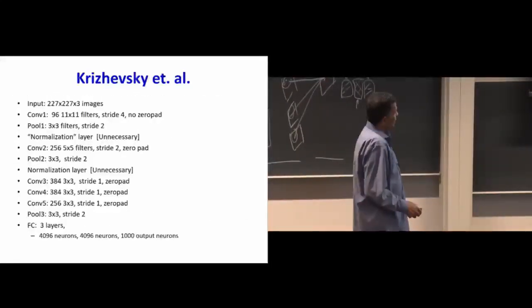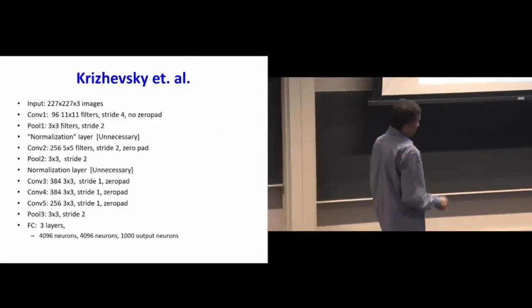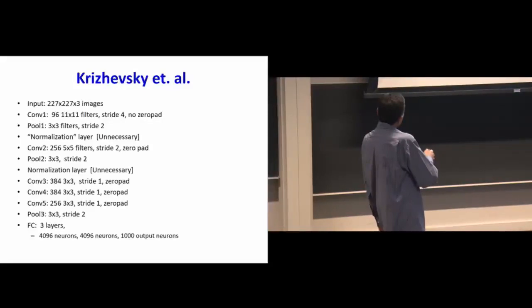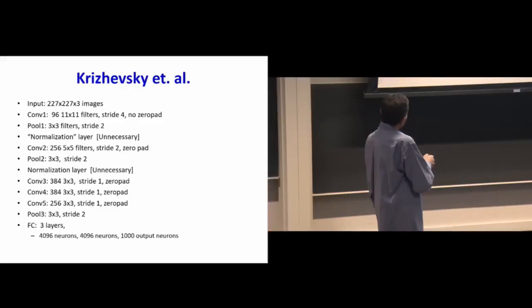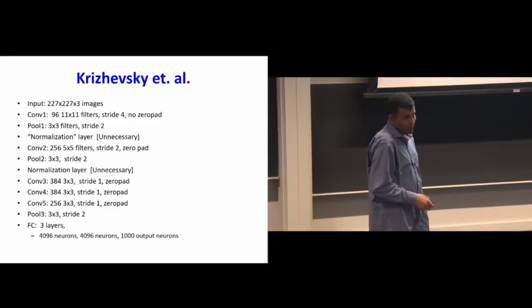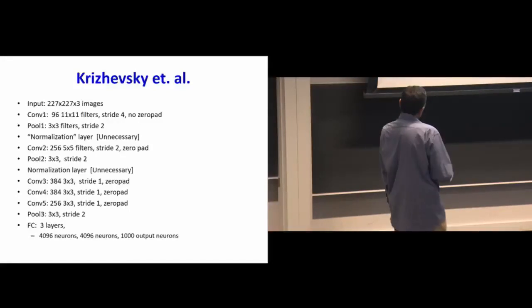blocks over here. So the inputs were all scaled to 227 cross 227, and you have RGB, so 3 images, right? Then the first layer had 96 11 cross 11 filters. Then you had 3 cross 3 pooling layers with a stride of 2. Then you had 256 5 cross 5 filters, and then pooling over 3 cross 3.